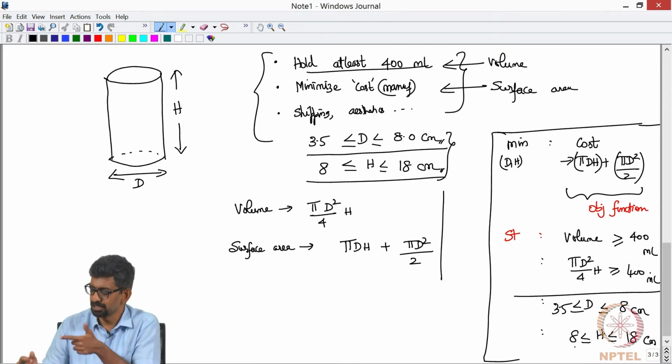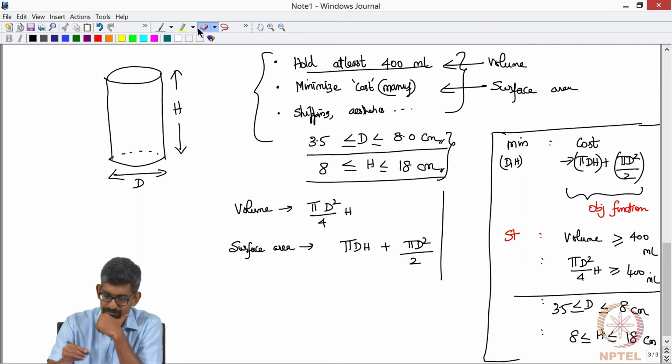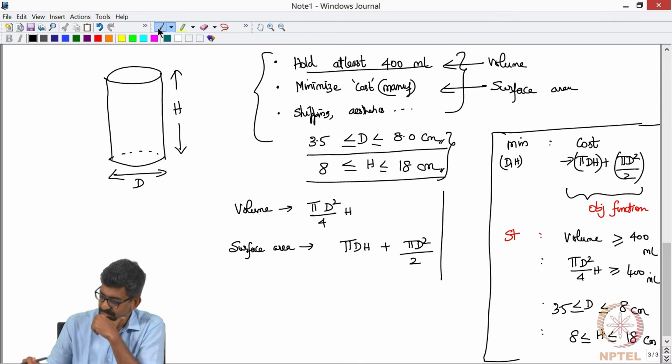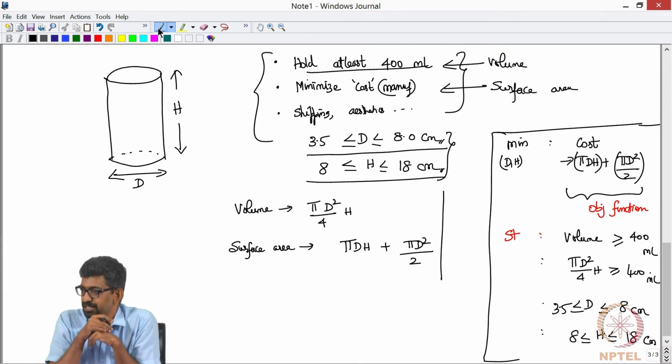You can also recast this problem if you want. You can say I want to maximize volume such that the cost is less than some value. So, it depends what your constraint is. So, you also have bounds; we usually call these functional constraints, while these are just geometric or static constraints.